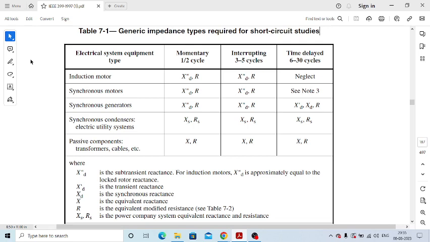One is the subtransient period, another one is the transient period, and the third one is the steady state period. So the impedance also has the subtransient reactance, transient reactance, and steady state reactance. So that impedance we should know.